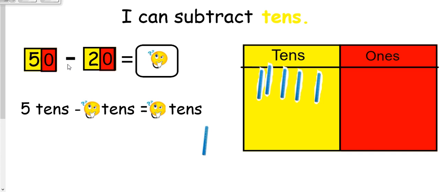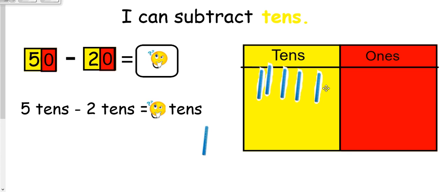50 minus 20. Well, if it says minus 20, are we taking away any ones? No, we are not taking away any ones. There's a 0 in the ones place. Are we taking away tens? Yes, we are. There's a 2 in the tens place, so we are taking away 2 tens.